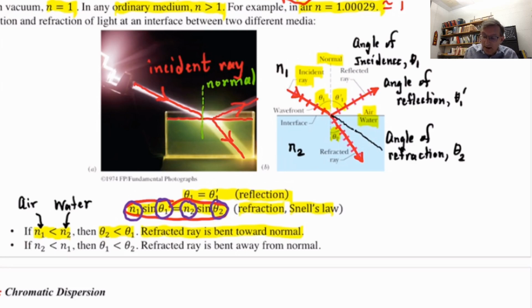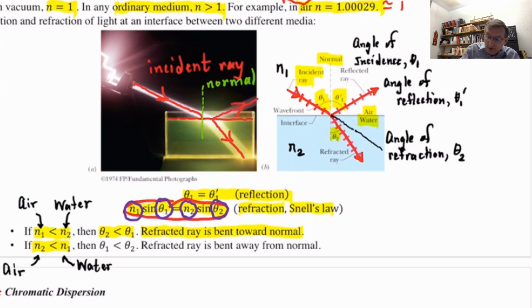Now let's turn that around, because you could have a situation where N2 is less than N1. That could happen easily enough if the incident medium, remember N1's for the incident medium, is say water, and the refracting medium is say air.